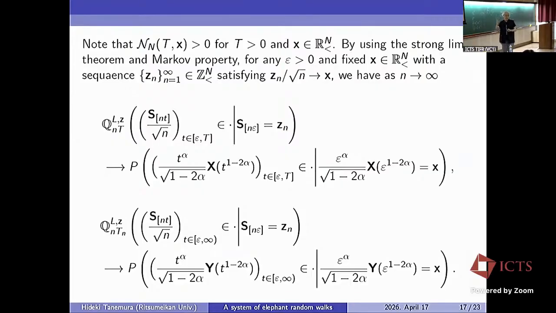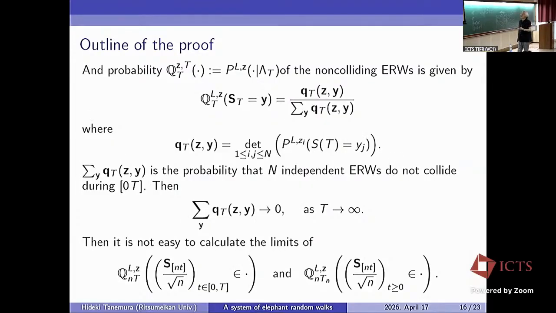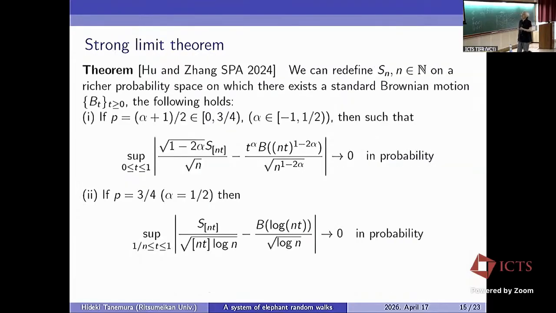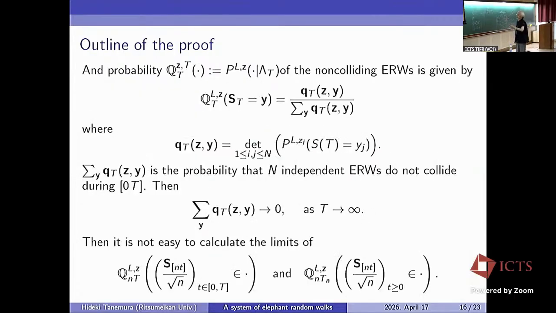The non-colliding probability is positive. Then we can get this convergence. To get this convergence, we have to use this strong limit theorem. This is an application of the strong limit theorem. Okay?